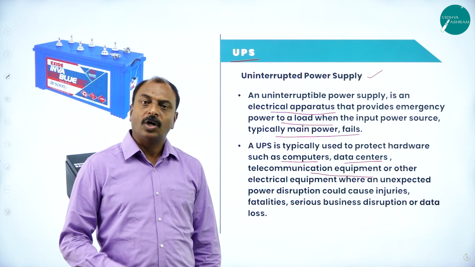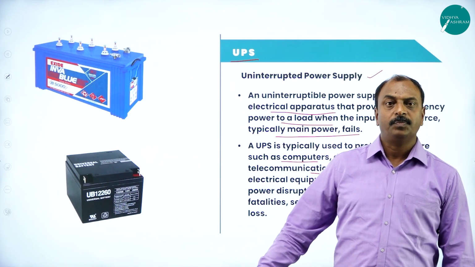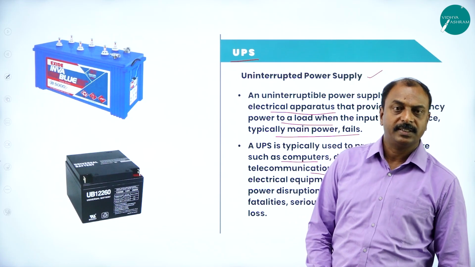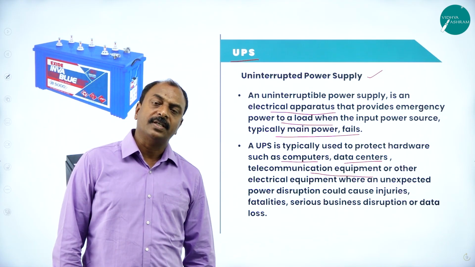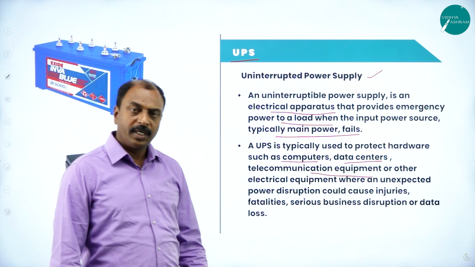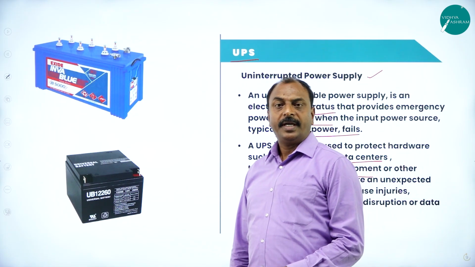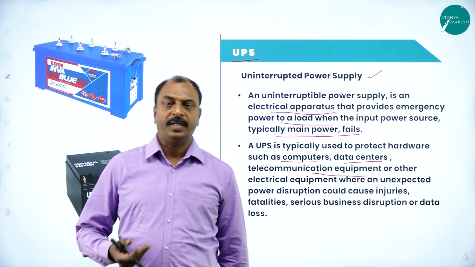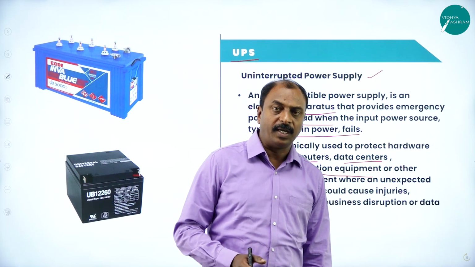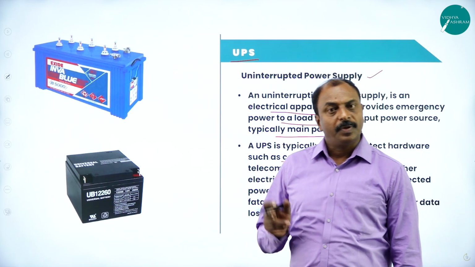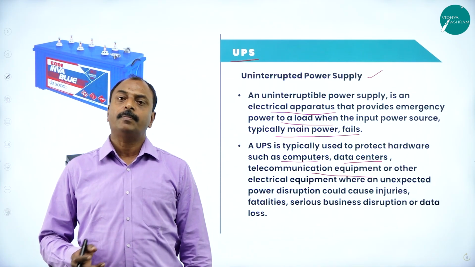The second one is called offline UPS or standby UPS, which we normally use for a PC at home, or for example, our inverter at home. All these are the two different types of UPS: one is online UPS, the second one is offline UPS. The difference between online and offline is that in an online UPS, even though the main power supply is working, it still provides a continuous power supply to the computer system or devices from its battery.